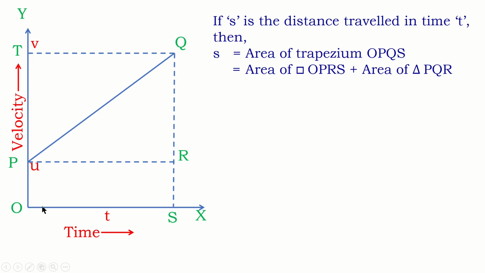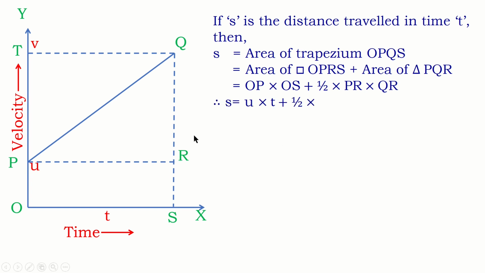Now area of this OPRS is equal to OP into OS, this height into length. So we can say OP into OS is the area of OPRS. Now area of this triangle PQR is equal to half into base into height. Half into base is PR, and height is QR.